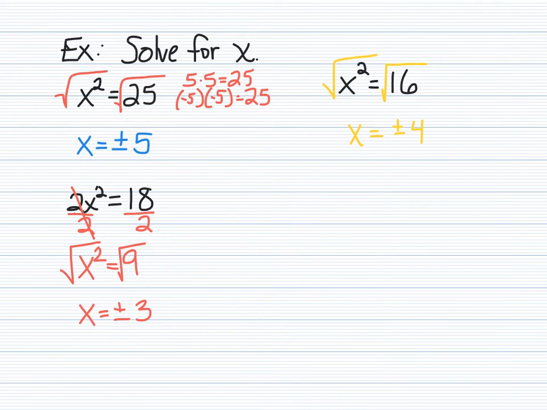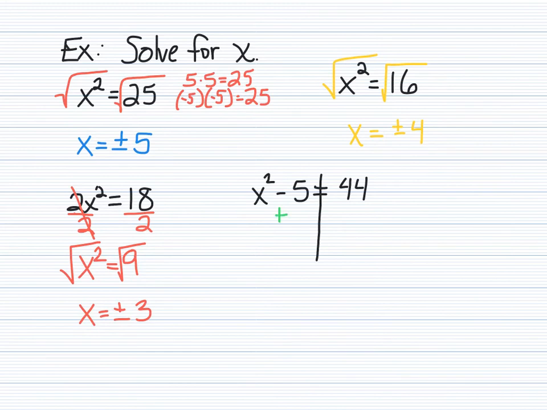Okay, another example of this is if we had like x squared minus 5 equals 44. Again, to solve, first I have to undo that SAD part, SAD-MEP. So I've got to undo the subtraction.